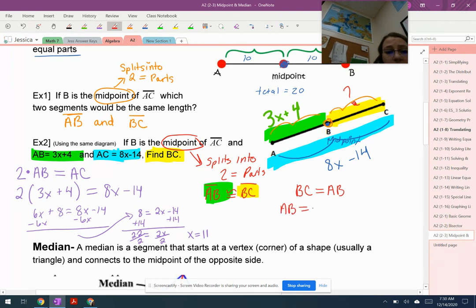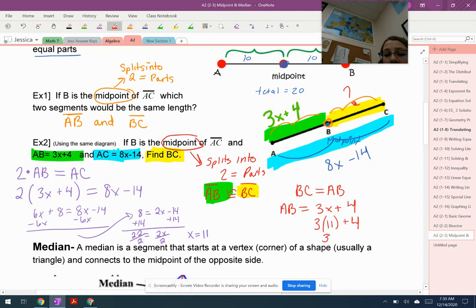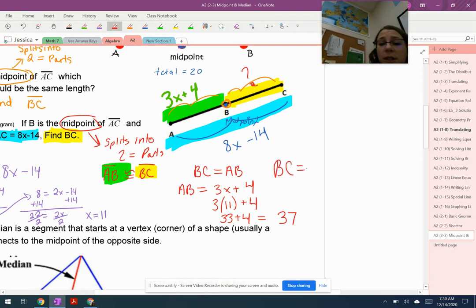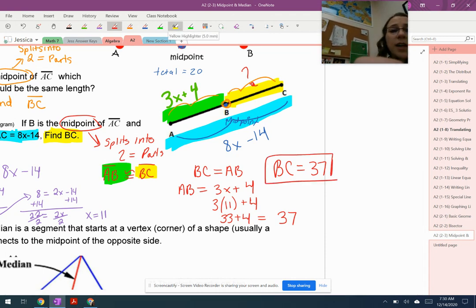So AB is equal to 3x plus 4. In for x, we're putting 11. 33 plus 4 is equal to 37. So, since AB is equal to 37 and AB is equal to BC, we know that BC is equal to 37. And that is my final answer.